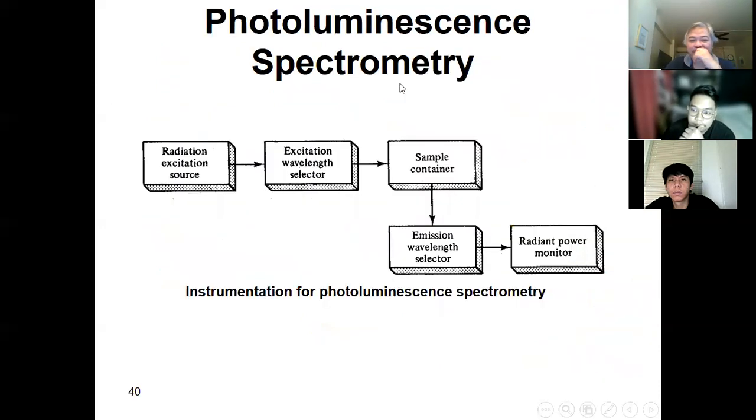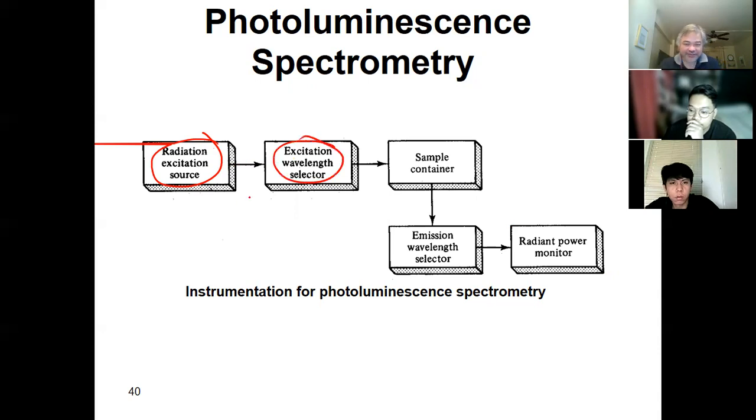Paano naman yung photoluminescence spectrometry? So here, you have a radiation excitation source. So we could say this is your external source of electromagnetic radiation. And what it does, it excites the analyte.